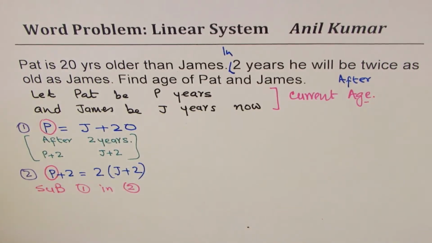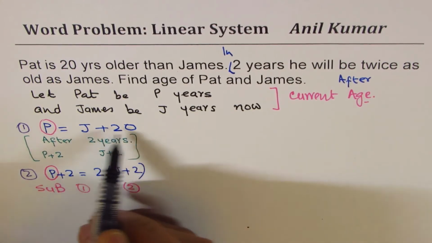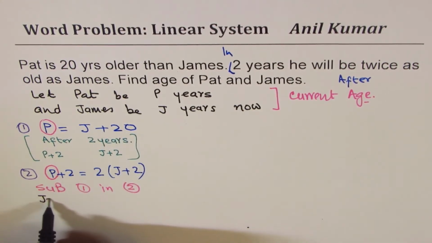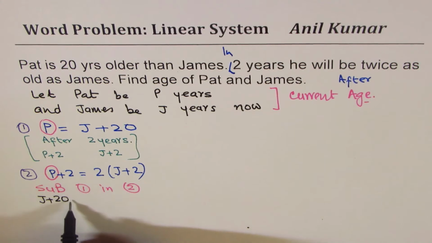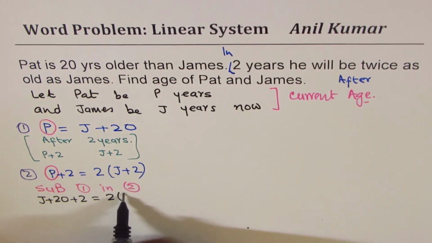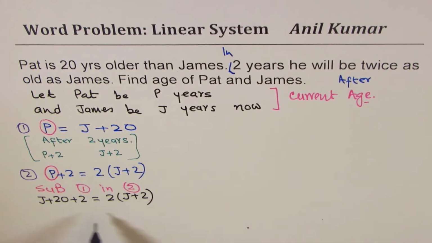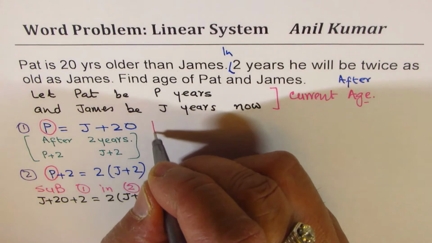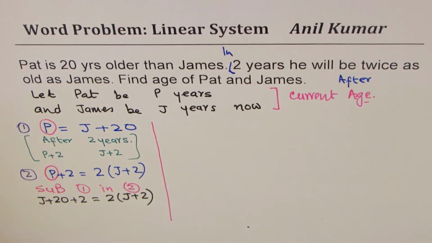As soon as I do that, see what happens. P becomes J plus 20, so I write J plus 20. We already have plus 2 here, equals 2 times J plus 2. Is it okay? So we now have an equation in which there is only one variable, which is J. Do you see? Only one variable. Now it becomes easy for us to solve.